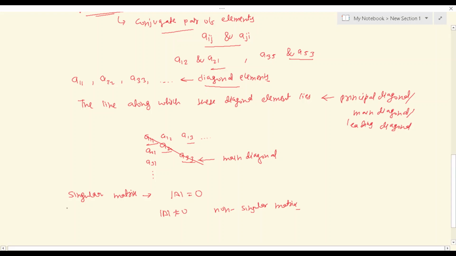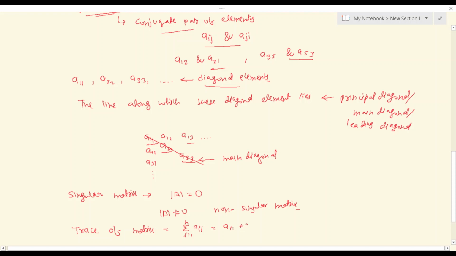Then we define one another term, trace of a matrix. What is trace of a matrix? Trace of a matrix is nothing but the summation of Aii, i from 1 to n. Let me write it in general terms.